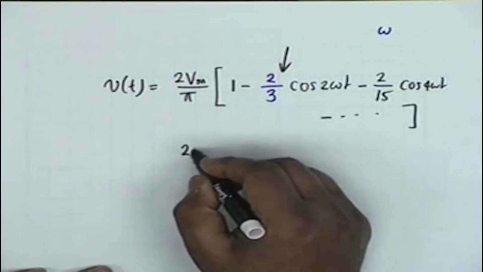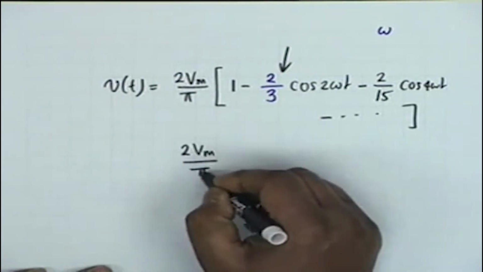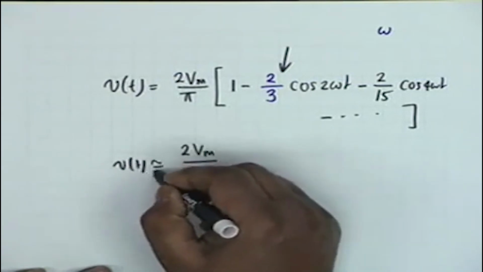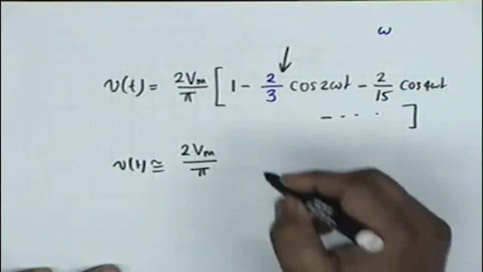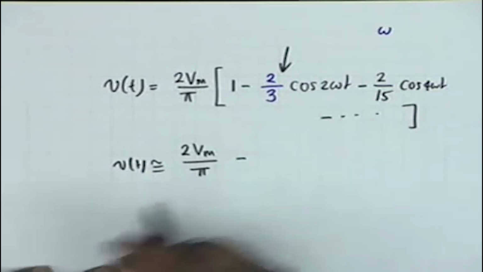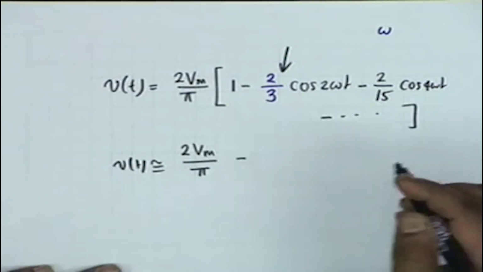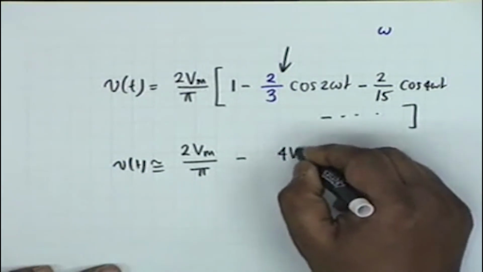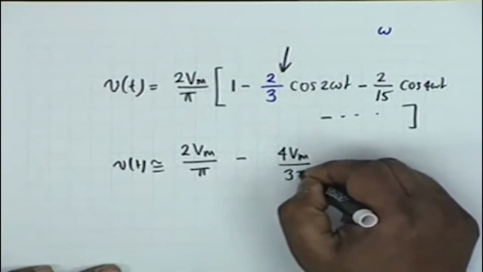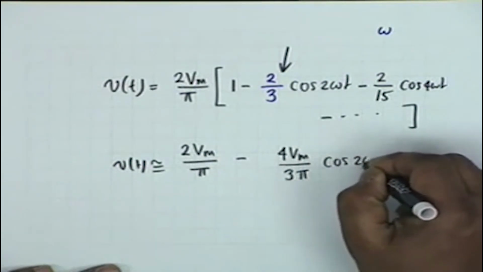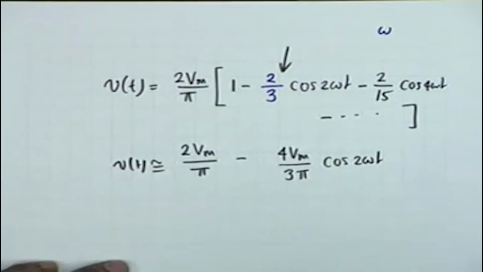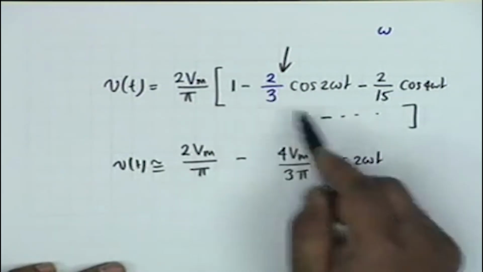The first two terms, let's say the DC component 2 Vm by pi, and the AC component, which is the second harmonic, that would be 4 Vm divided by 3 pi cosine of 2 omega t. Is that correct? Have I done it correctly? 4 Vm divided by 3 pi.